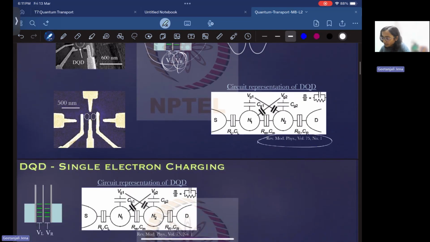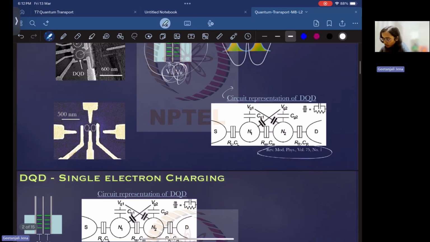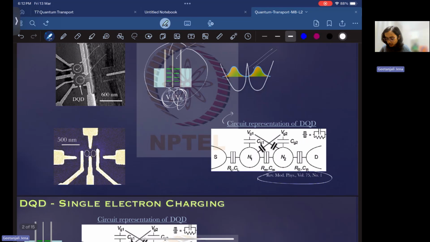In this paper, a circuit representation of the double quantum dot has been given.